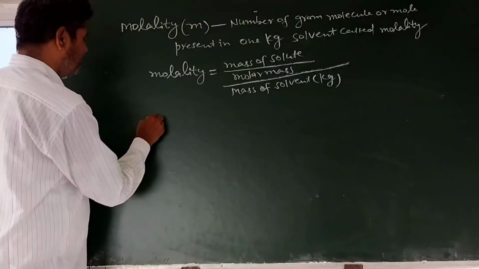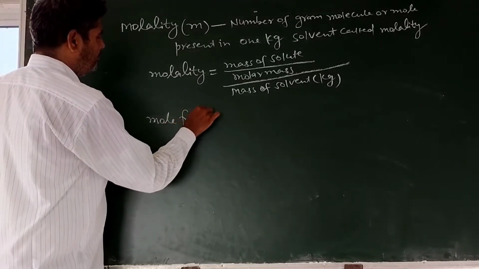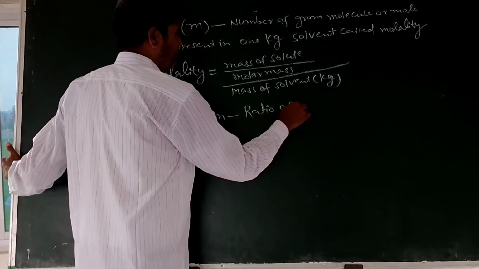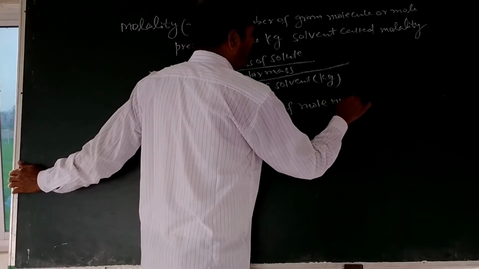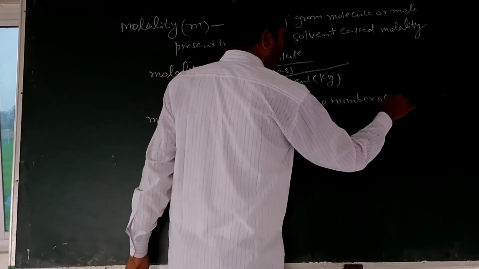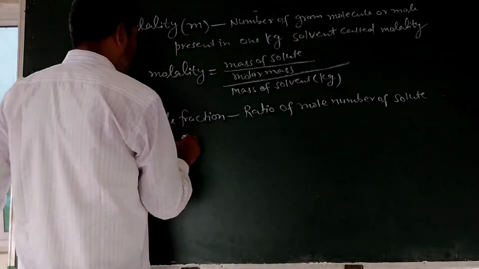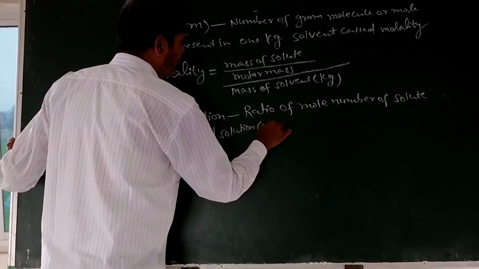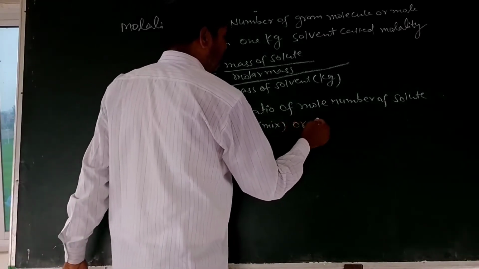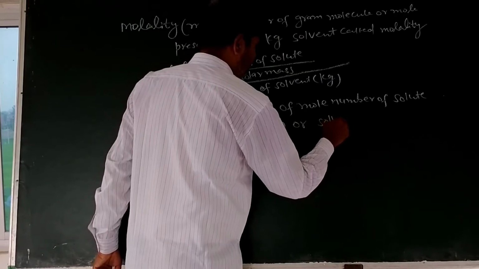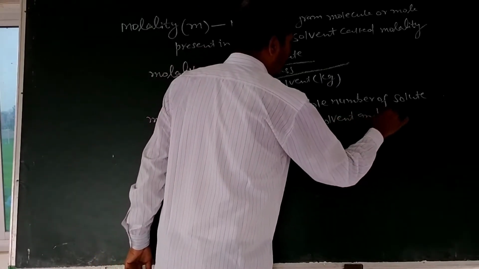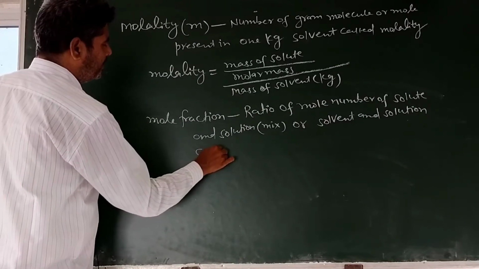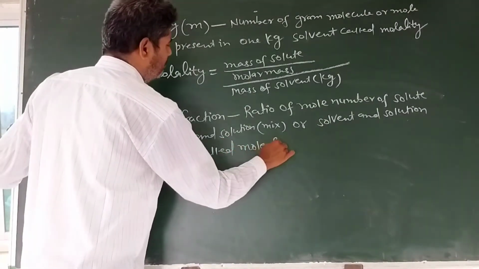Now mole fraction. The ratio of mole number of solute and solution, that is homogeneous mixture, or solvent and solution, is called mole fraction.